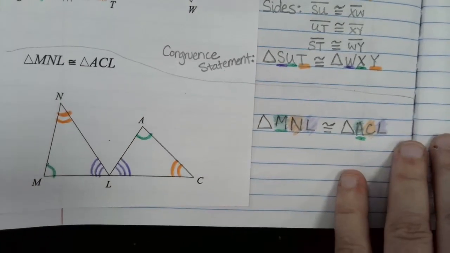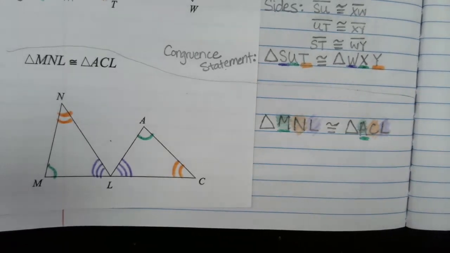Okay, so now we matched our angles, but in congruent triangles, what else can match? The sides, good. And so again, we're going to learn how to read that congruent statement so that we match the sides. So first we have MN.